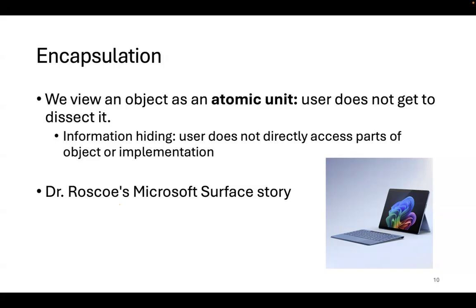Trying to take it apart and take out this one chip and put a replacement in would break everything else. That's an example of encapsulation, where this computer is an atomic unit. If one part breaks, then, oh well, you can't take it apart. That's the sort of mindset that we want to take into working with objects with encapsulation. And it'll also show up in how we use private versus public members of a class.